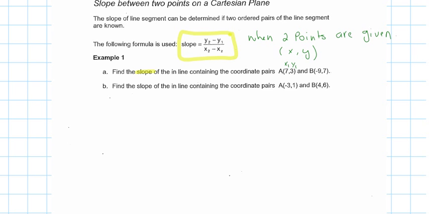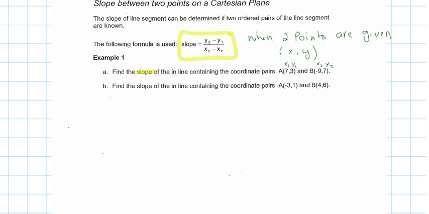And what do I label my second point? x2, y2. So you take the points, you label the first one x1, y1, and the second one x2, y2. Now, what I can do right now is write this formula, and because I know what x1 is, and I know what x2 is, I know what y1 is, I know what y2 is, I can plug them into the formula and do the math.